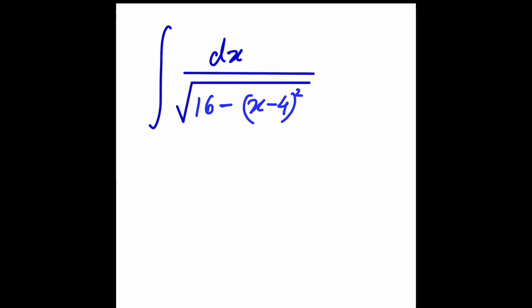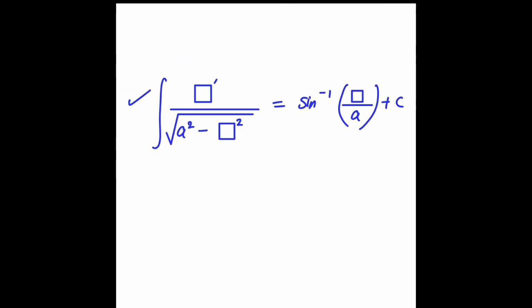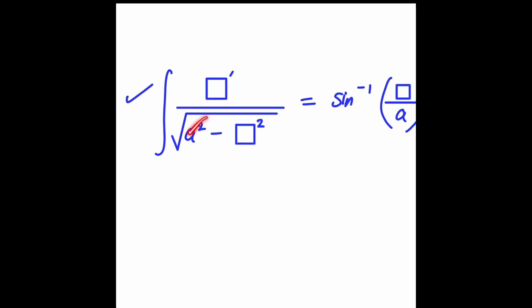Now, if you remember the basic integration formulas, this matches the form used for the sine inverse integration. I've written it separately to make it easier for us to identify this form, where a is the constant, the box is the expression that we are differentiating, and this is the differentiation of the box.